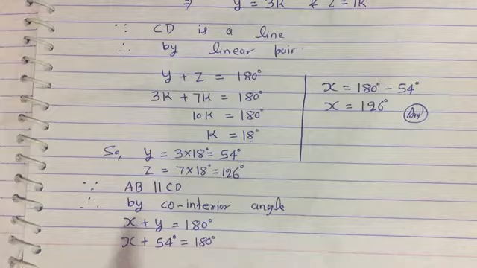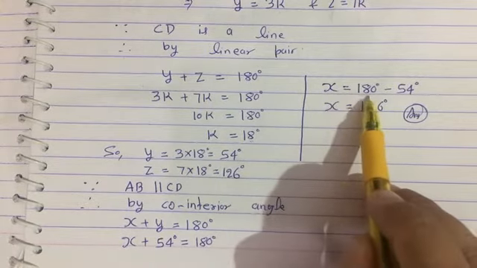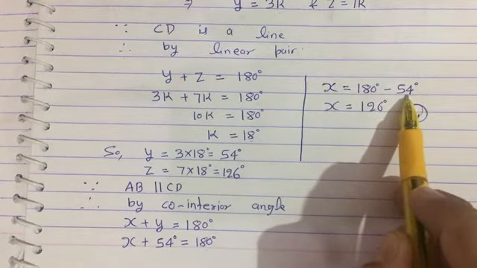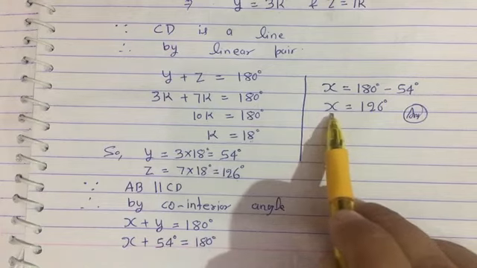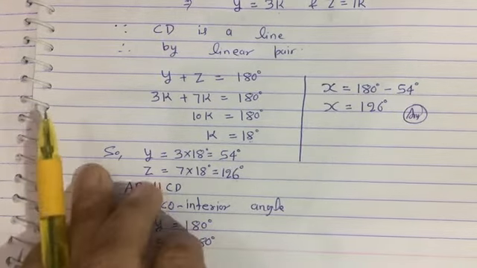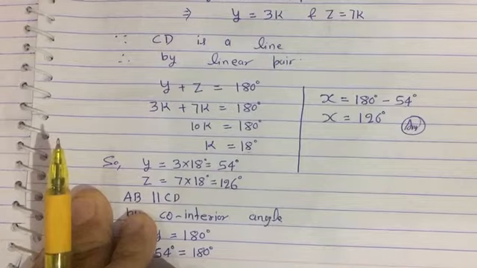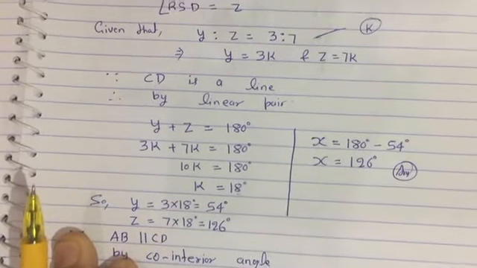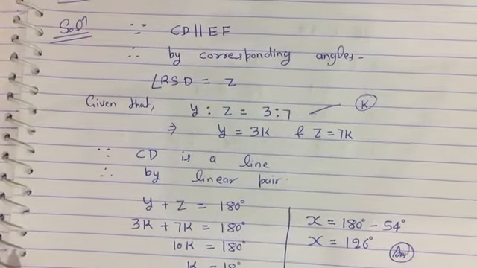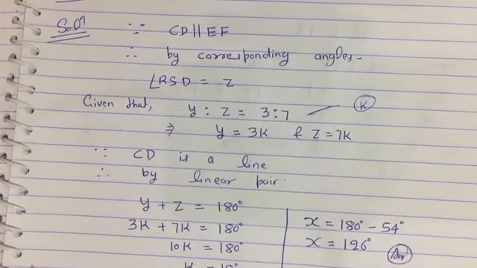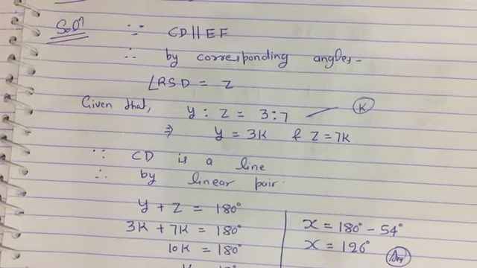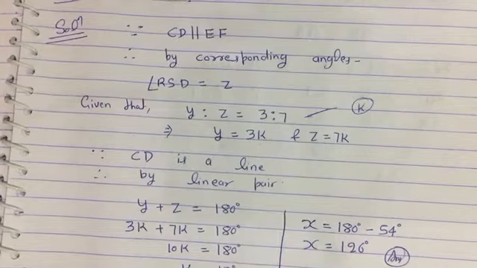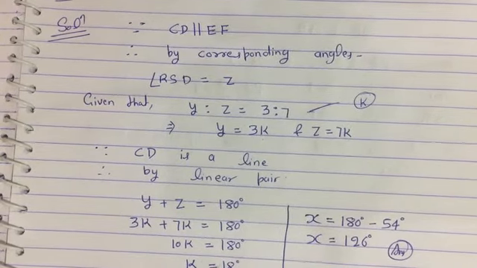Now transfer 54 to this side. X is equal to 180 degree minus 54 degree. And now simplify it. X is equal to 126 degree. So the value of X is what? 126 degree. I think you are fully capable of understanding the solution given here.